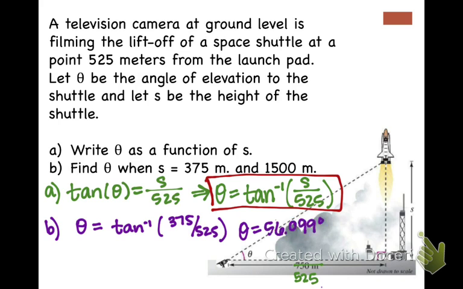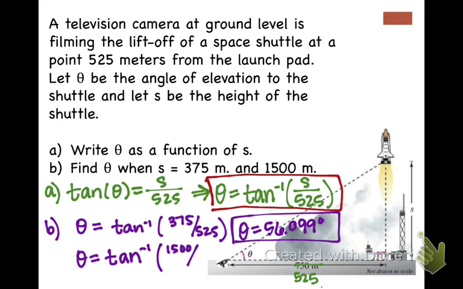56.099. We round there to 2 decimal places. Then if I wanted to figure out what theta was when s was 1500, all I'm going to do is take that 375 out, put 1500 in, and go back to my calculator again and do second tangent, 1500 divided by 525, and we would get 70.70995. Now, I actually think I had a typo in the first one.